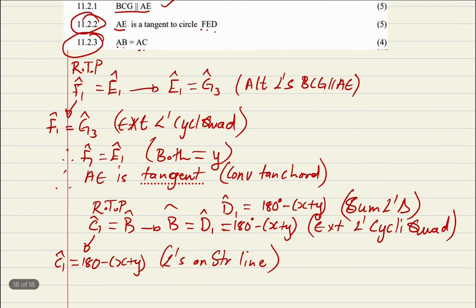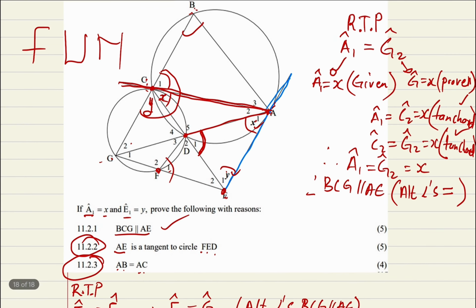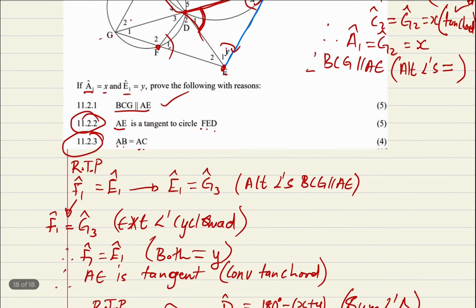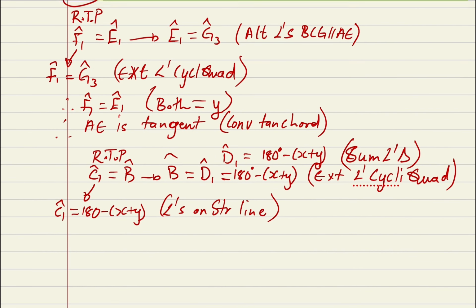Here is a cyclic quad there, and this is an exterior angle. So therefore angle C1 is equal to angle B. Why? They are both equal to 180 degrees minus (X plus Y).